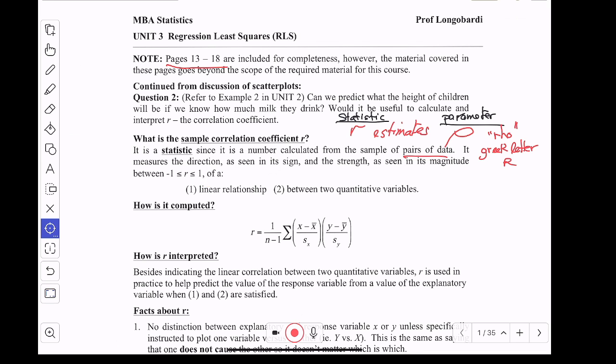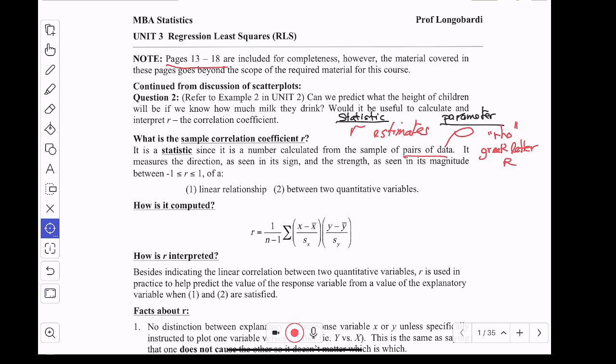Only for a linear relationship between two quantitative variables. So it's very important, quantitative, right? We learned about quantitative variables. Those are numbers, values that are objectively measured, that you can calculate meaningful averages for. So in other words, it's not a qualitative or categorical variable.